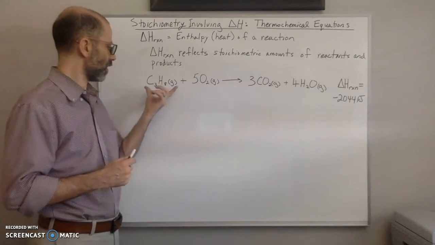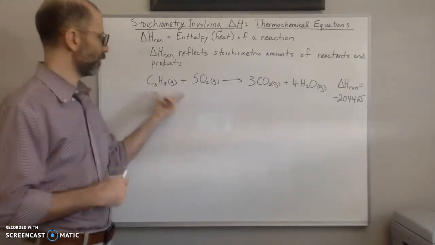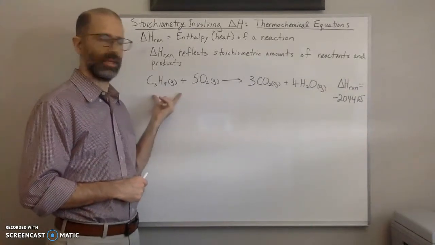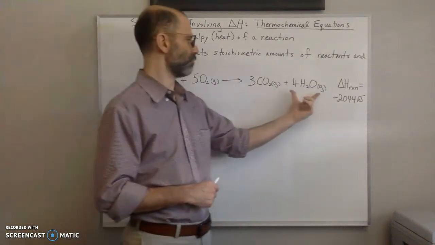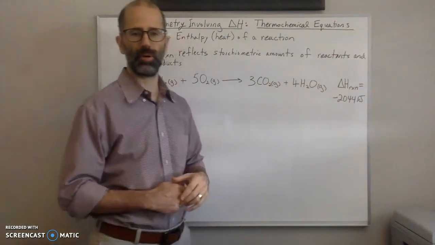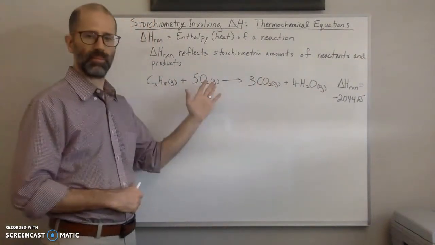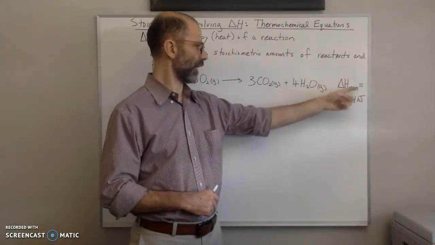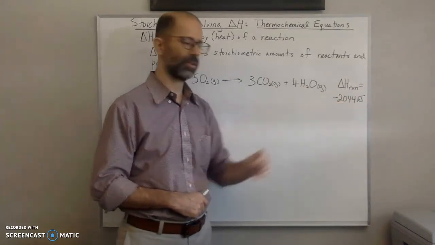This is telling us that 1 mole of propane requires 5 moles of oxygen to react completely to produce 3 moles of carbon dioxide and 4 moles of water vapor. And given this balanced equation, this will produce a delta H reaction of negative 2,044 kilojoules.